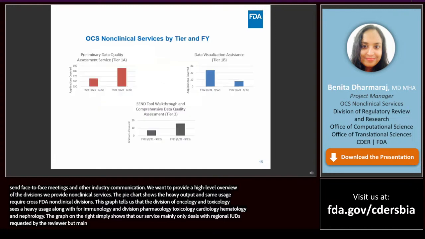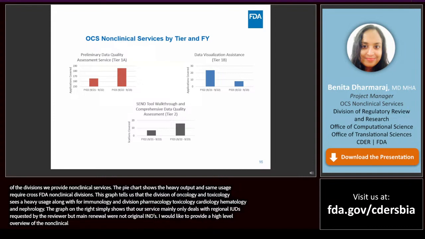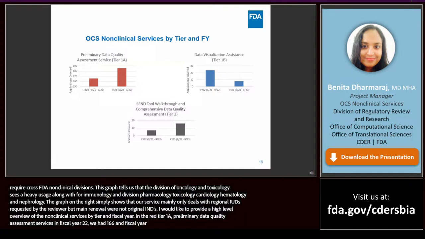I would like to provide a high-level overview of the non-clinical services by tier and fiscal year. In the first chart in red, Tier 1A, Preliminary Data Quality Assessment Services, in fiscal year 22, we had 166 services. In fiscal year 23, we had 186. In the blue chart, Tier 1B, Data Visualization Assistance, in fiscal year 22, we had 24 services.